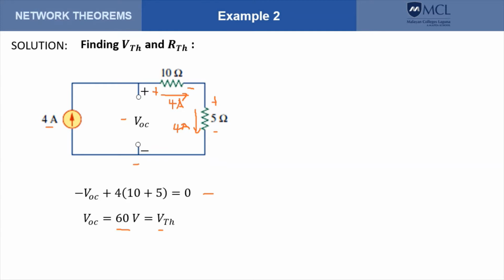Now for RTH, again, we need to concentrate on the circuit, but this time without the independent current source. So we need to remove this one from the circuit, and that would give us a circuit that would look like this. These are the open terminals again.